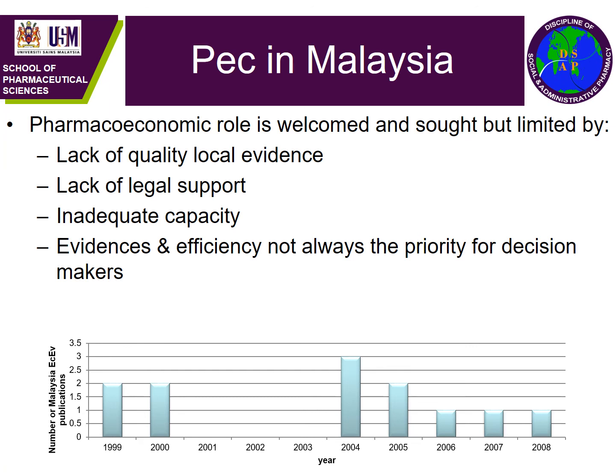We also have perhaps a lack of legal support. In some countries, there have been challenges in court when the healthcare authority decided that they don't want to purchase drug A because it's not cost effective.